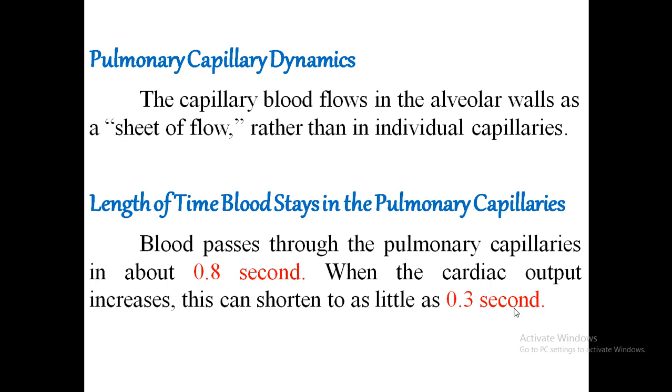For that purpose, blood passes through the pulmonary capillaries in about 0.8 seconds. You can see that it is less than 1 second, so rapid blood flow is going through the pulmonary capillaries. When the cardiac output increases, this can shorten to as little as 0.3 seconds.